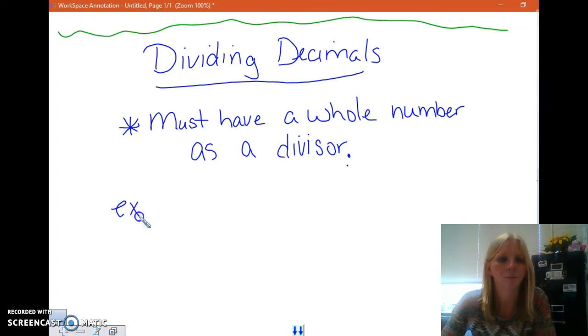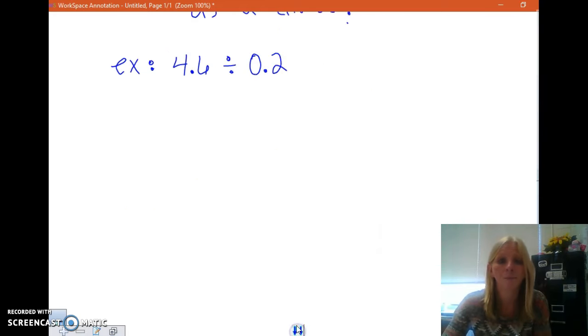For example, if we have 4.6 divided by 0.2, well first let's set it up.